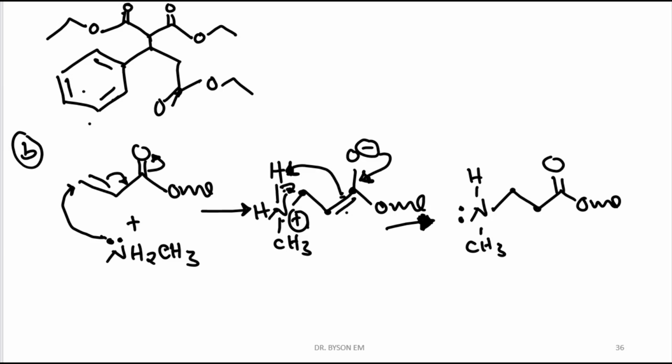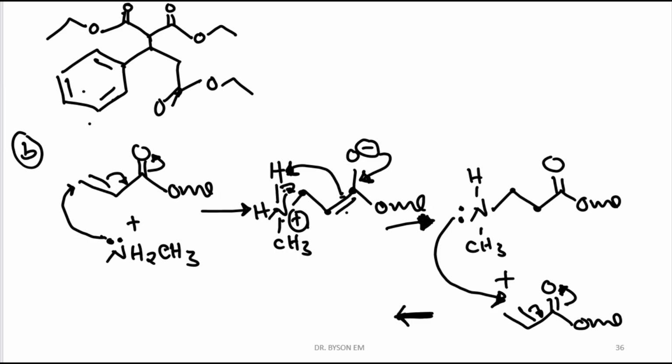So this one has a lone pair of electrons again. So these lone pairs of electrons will again react with this. So this will come and react here. This will push this double bond here. This will go there.